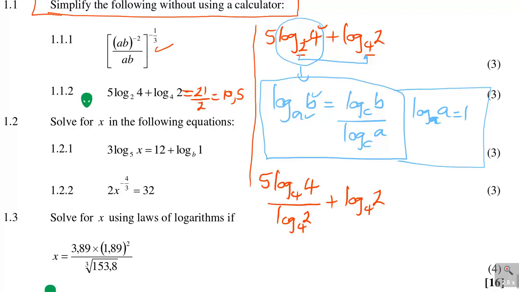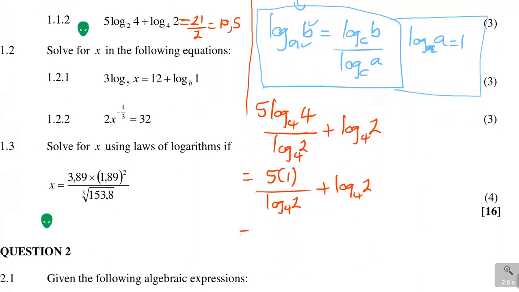So what I'm going to be having now is 5 times 1 over log base 4 of 2, plus log in base 4 of 2. So that's what I'm having here.